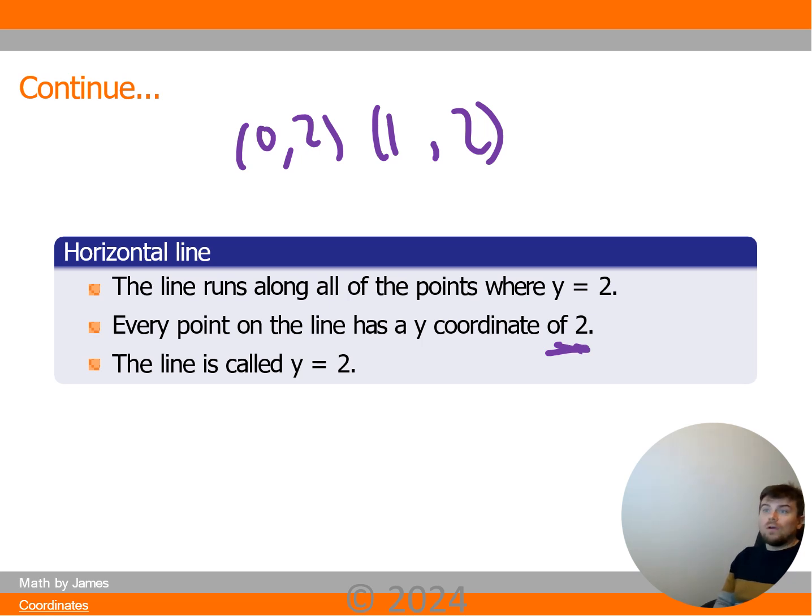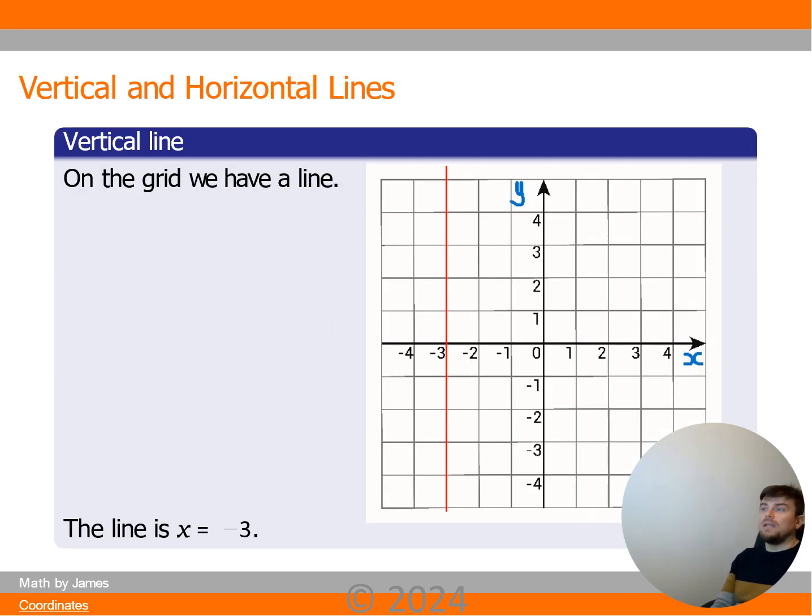Now we're going to have a look at vertical and horizontal lines. So if we have x equals -3, then we've got this here, because each of our x coordinates is equal to -3. So x is -3.